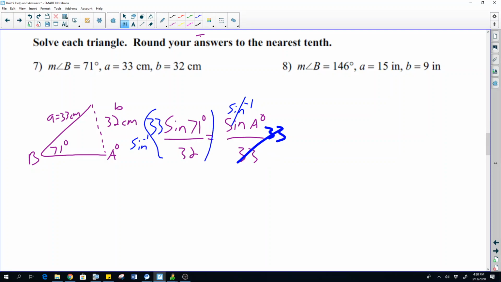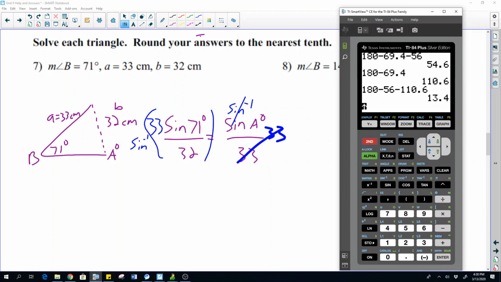If you get an error, it's not. Make sure you do it right. So we'll do inverse sine of 33 sine 71, close parenthesis, then divide that by 32, close parenthesis. Now we have 77.2, rounded to the nearest tenth.